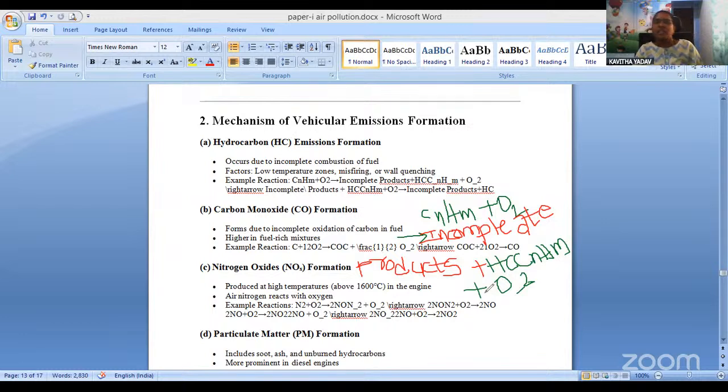NHM is also an incomplete product, and O2 too. These incomplete chemical products can enter into our environment, forming emissions. Hydrocarbon emissions will be formed due to the combustion of fuel.